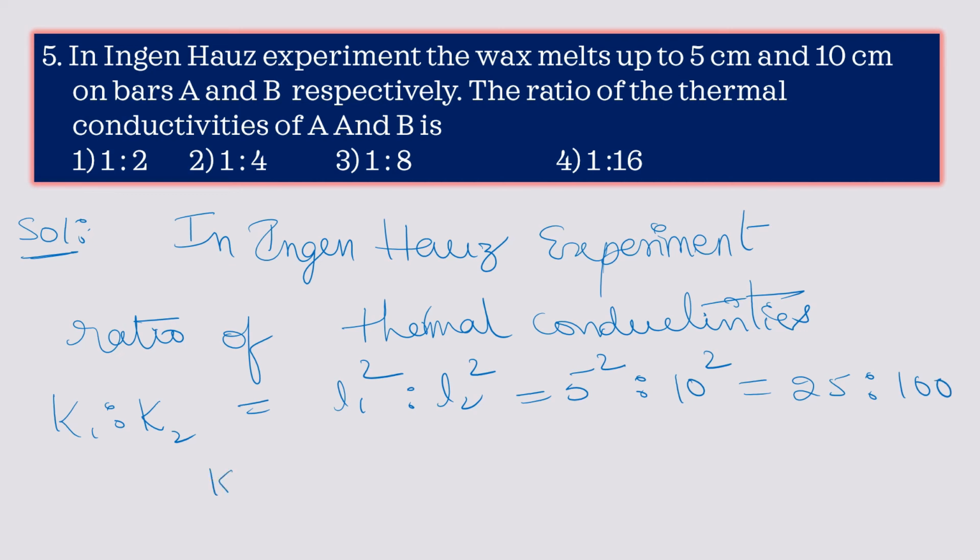So K1 is to K2 is equal to 1 is to 4, 25 ones, 25 fours. So the ratio of thermal conductivities is K1 is to K2 is equal to 1 is to 4. Okay. Next we will go to the next question.